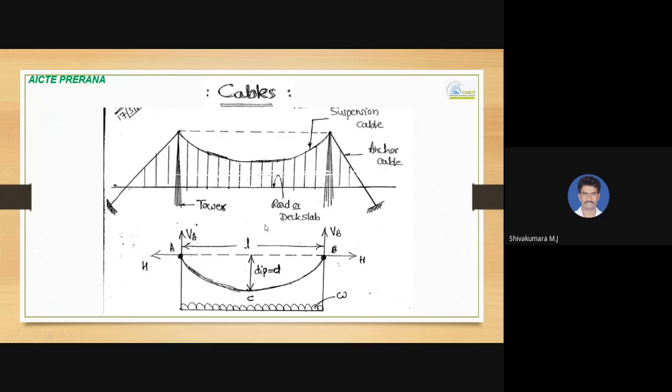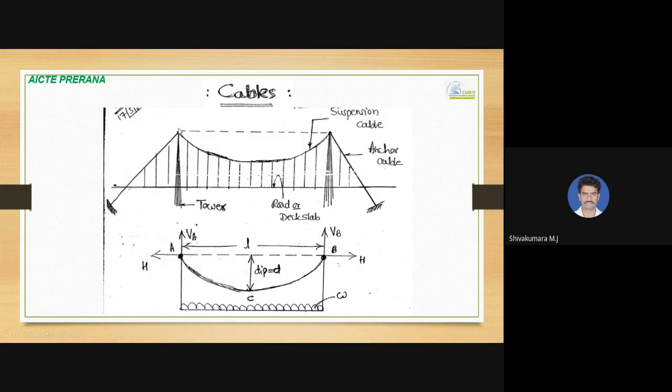So different components in the cables, you can have a look over here. This is the suspension cable, which carries the road or deck slab. This suspension cable is continued as anchor cable, which is fixed to a point on the earth.